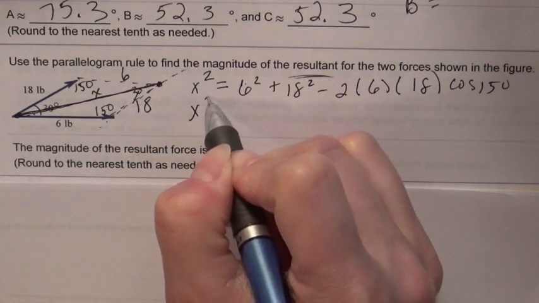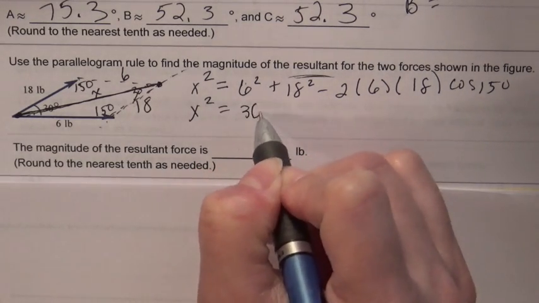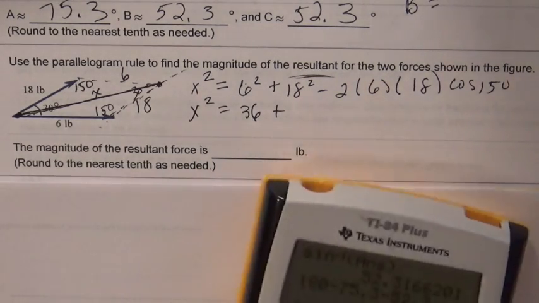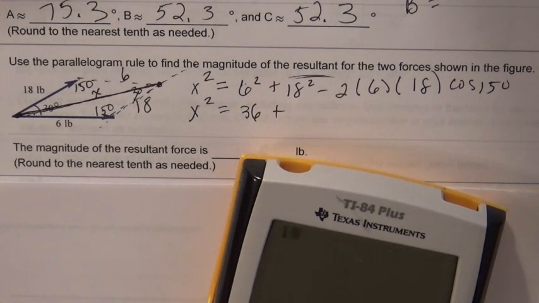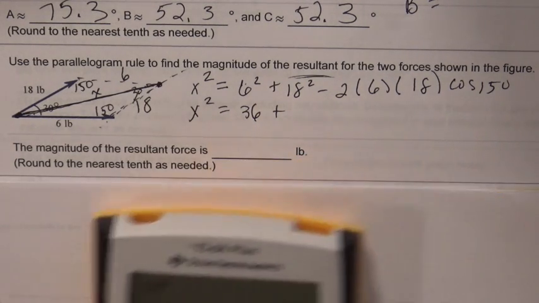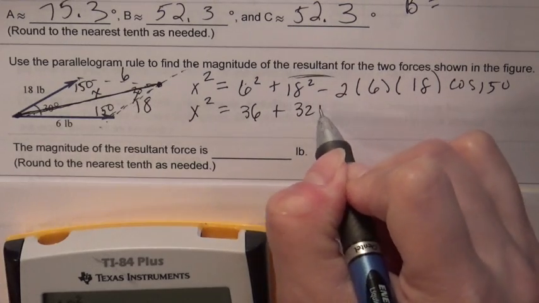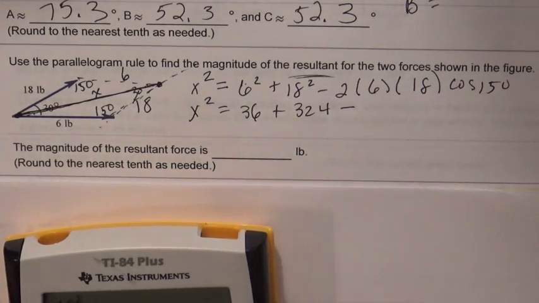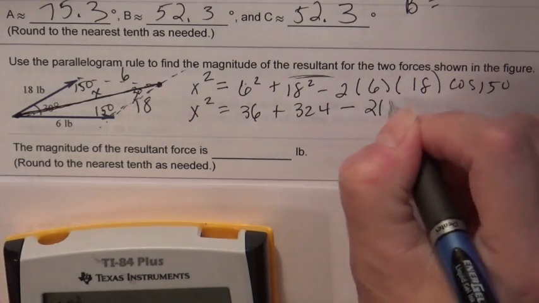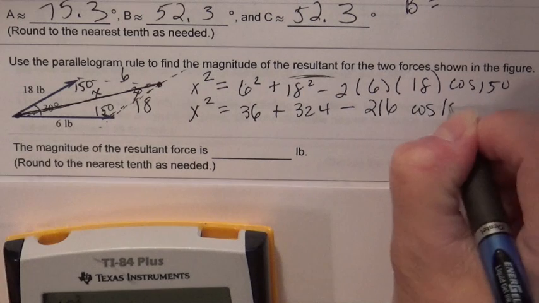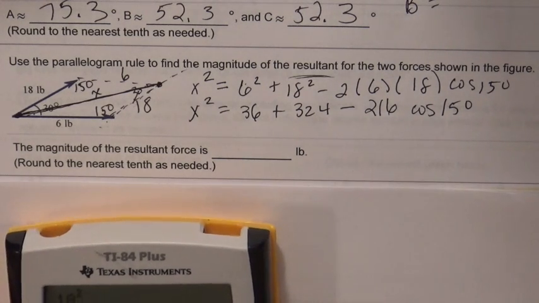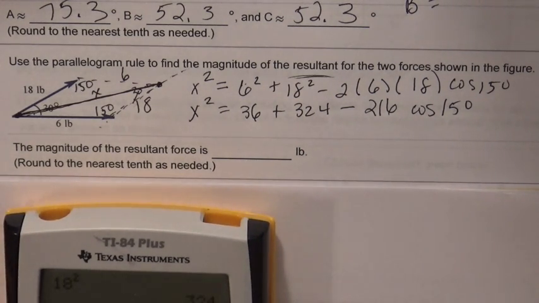I'm going to write this as 36 plus, what is 18 squared? That is 324 minus 2 times 6 is 12, and 12 times 18 gives me 216 times cosine of 150.